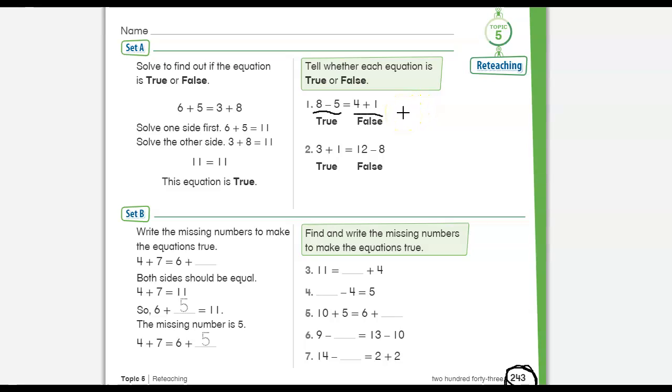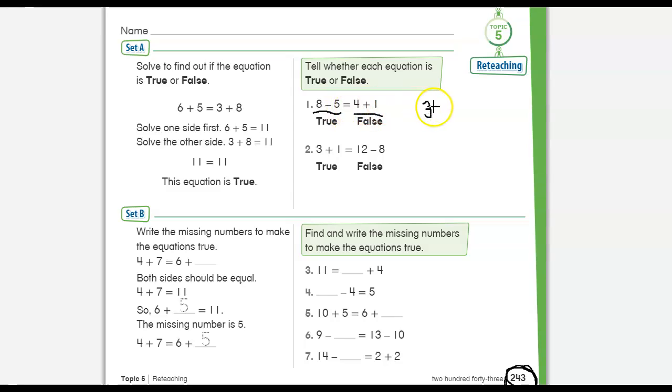Alright, so first we would have solved for 8 minus 5. So 8 minus 5 is equal to 3.